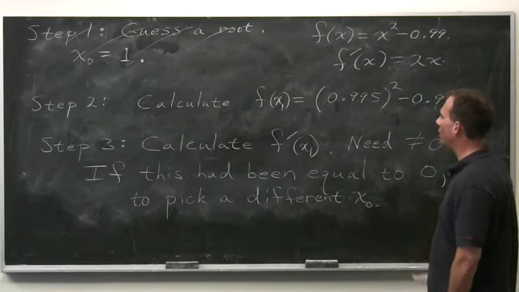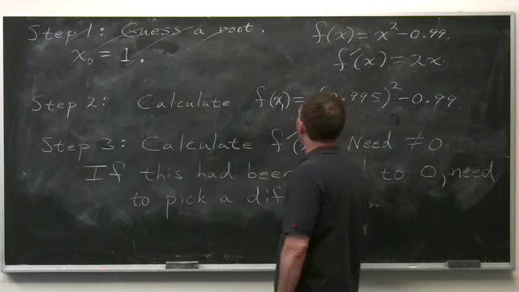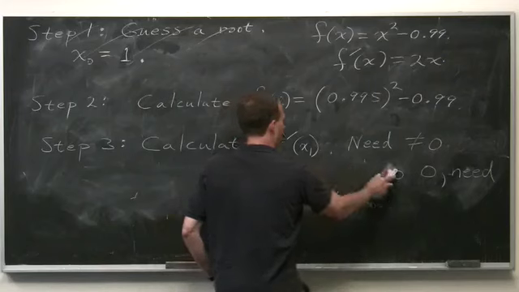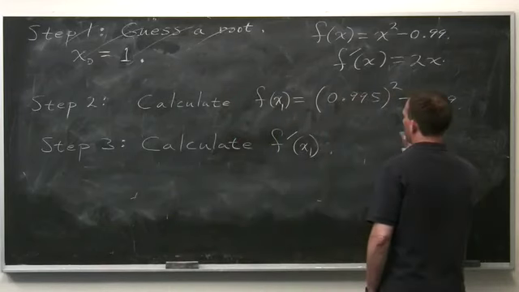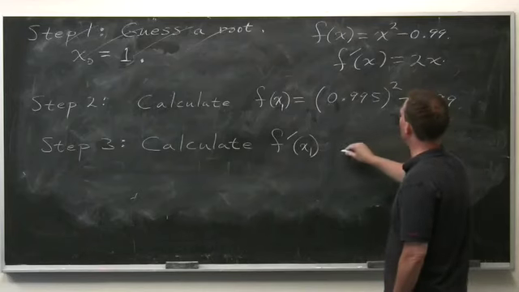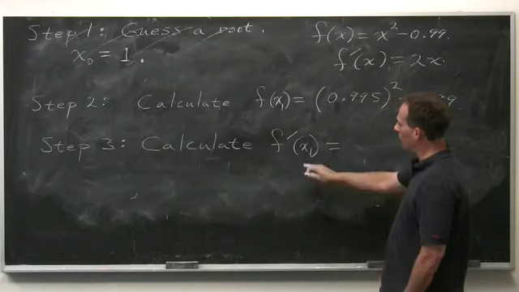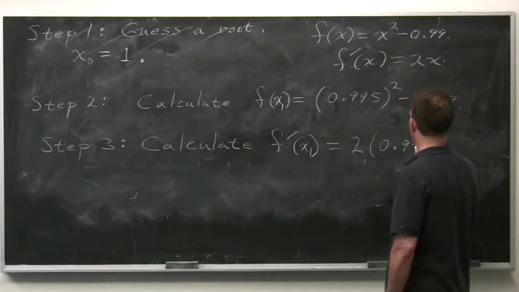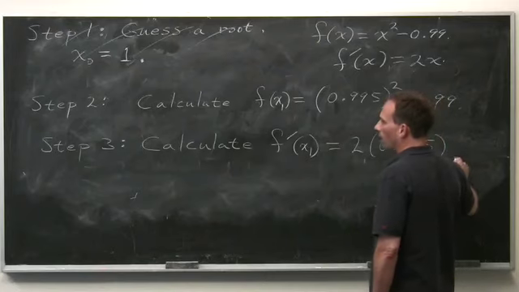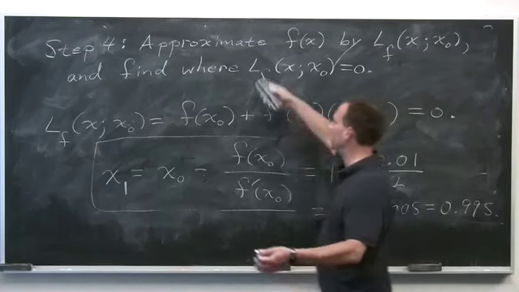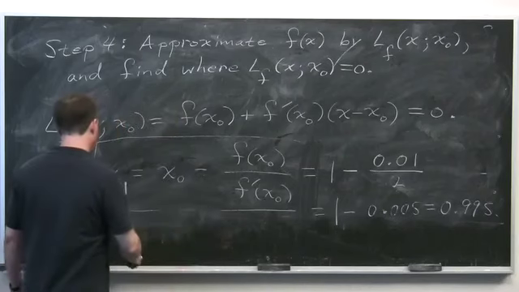And if it's not close enough for our purposes, then you calculate f prime at x1. f prime is just 2 times x, so f prime of x1 is 2 times our 0.995. And then what do you do? You come back. You don't have to redo the solving of this.